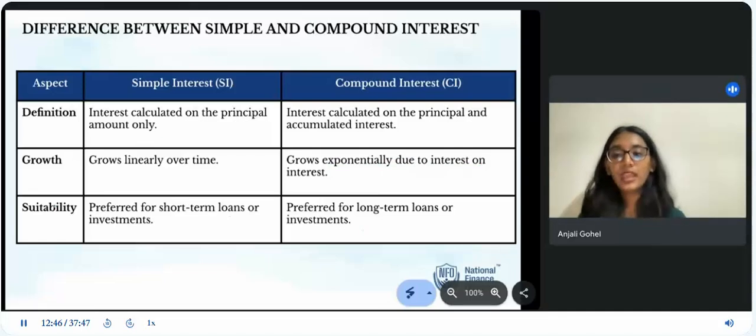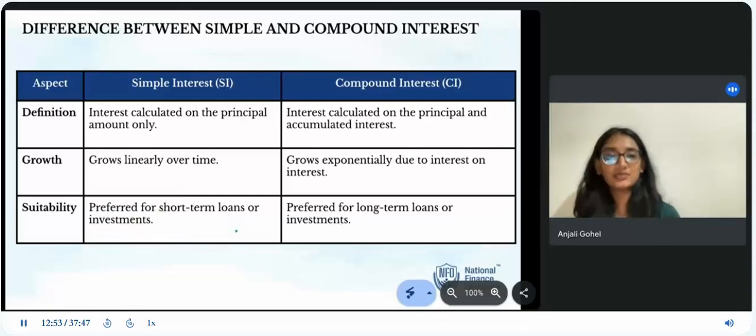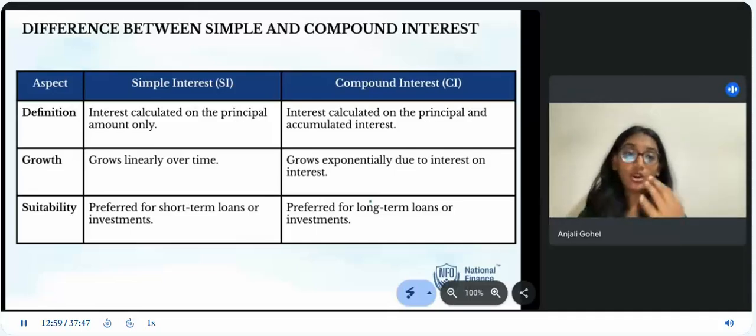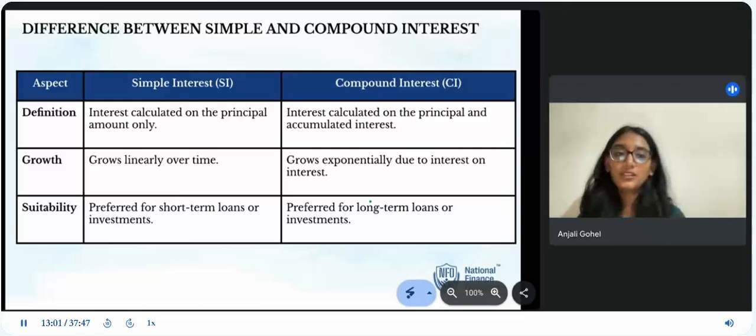Simple interest is more suitable for short-term investments. If you are investing for, let's say, 6 months, simple interest is suitable in such short durations. But for a longer period of time, simple interest will not help our money grow. So compound interest is much preferred when it comes to long-term loans or investments.